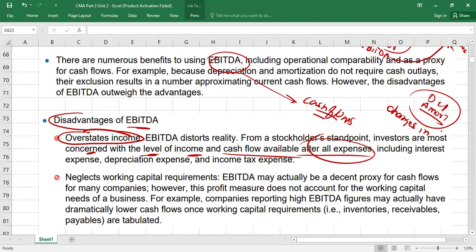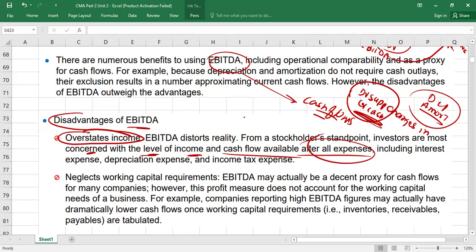Mostly these do not affect your income statement. For example, if you have made a payment to the supplier, what entry will you pass? You debit the supplier and credit cash. Nothing goes to the income statement, but it has a cash flow effect.